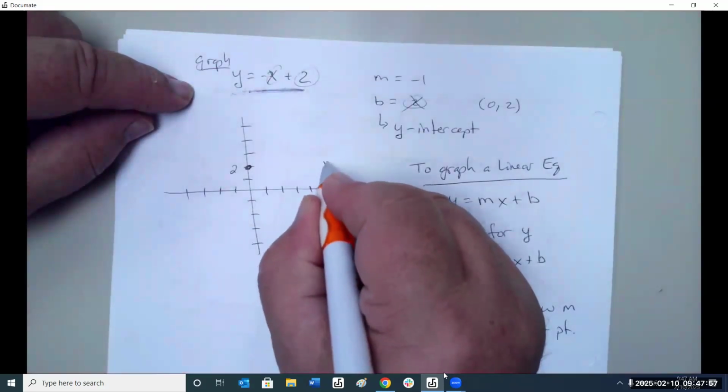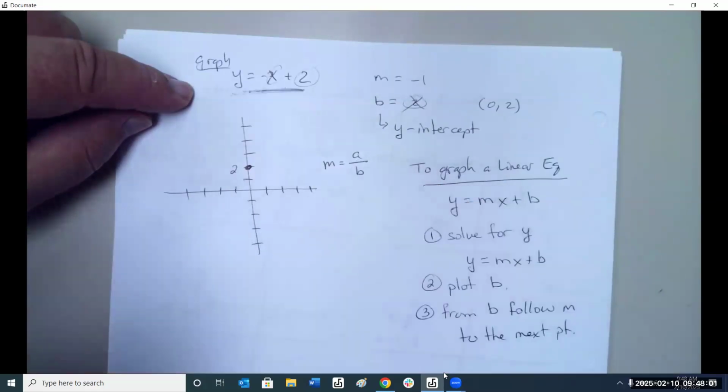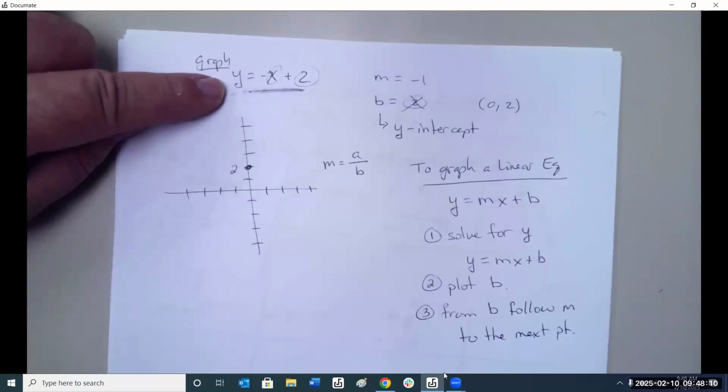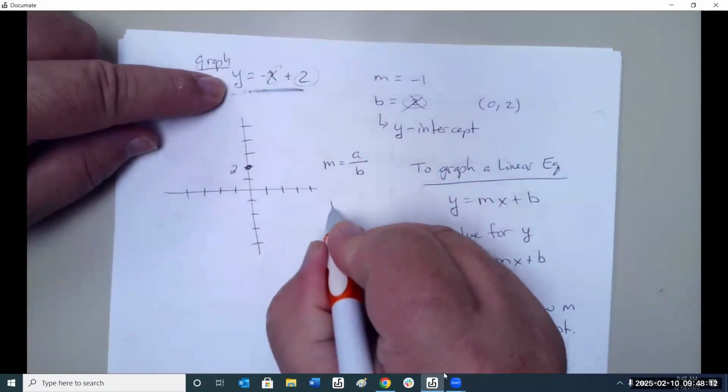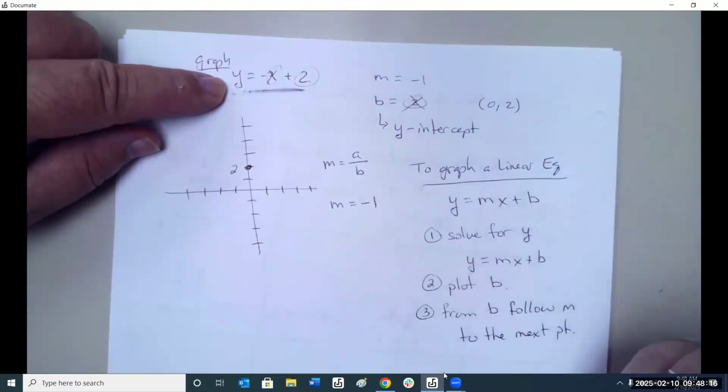Remember, your slope is always a fraction. A over B. It's always a fraction. So in our example, what's our slope? What's M? M is equal to, you said, -1. How would you make that a fraction?